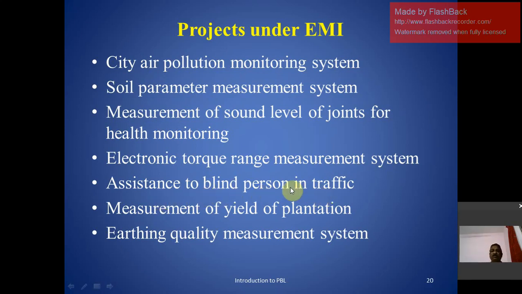In traffic, some assistance is required for blind persons, so this project is socially innovative. Measurement of yield of plantation, which is for the agricultural field. Then earthing quality measurement system. This is useful for homes as well as for industry. Once again, it is beneficial for society. In this way, we have defined these project ideas.